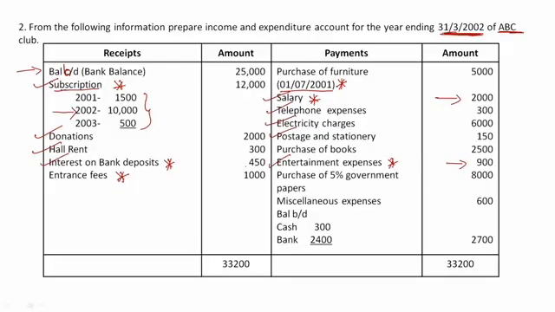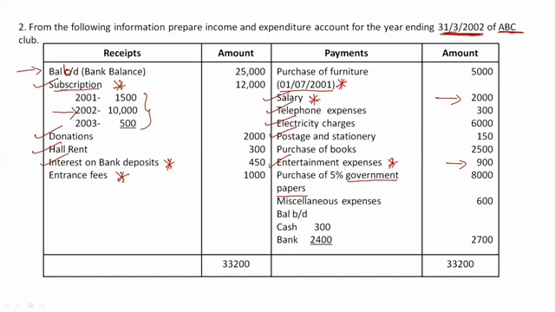Now, purchase of 5% government papers. First of all, government papers means government securities. It could be a bond, purchase of bonds. We are investing in government securities. Now this is not a revenue expense. We will not purchase government securities every day, we will not do investments regularly.